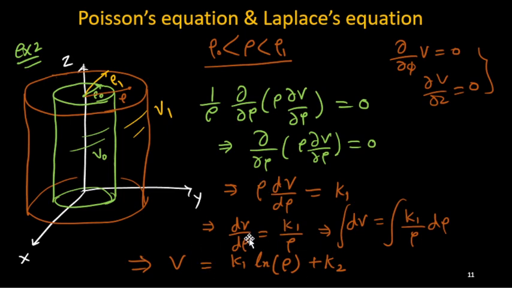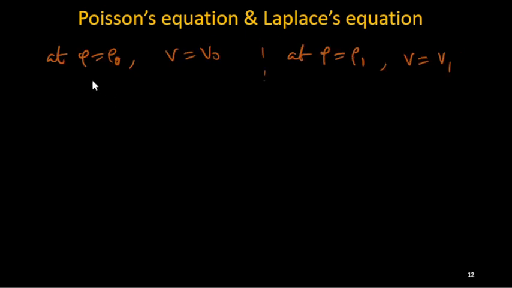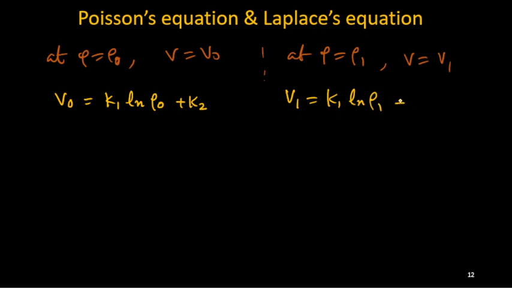There we can rewrite. So in this case we can write V0 equals K1 ln rho 0 plus K2. Similarly here, V1 equals K1 times ln rho 1 plus K2.